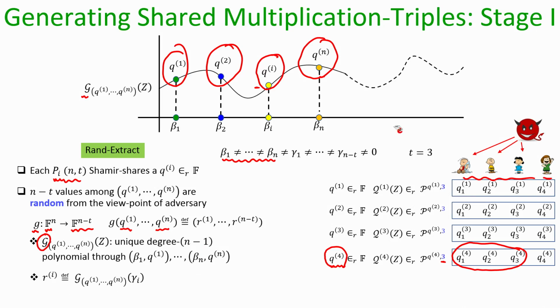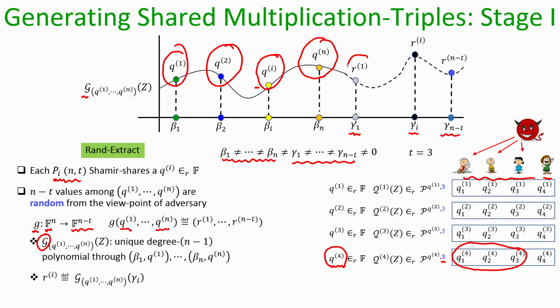Now, our output values are computed as follows. I imagine in my mind that I extend this polynomial G, or evaluate it, at n minus t new points. Why new values? Because now I am evaluating them at gamma values, which are all different from the beta values.